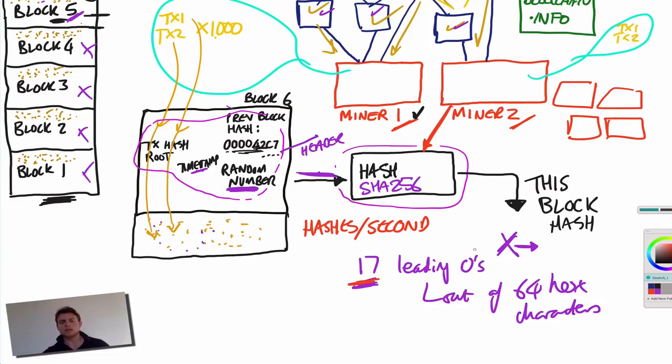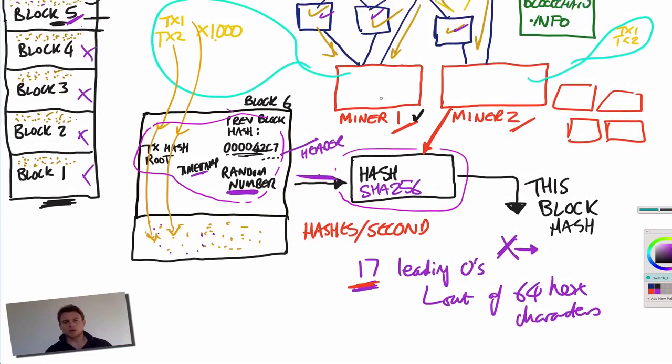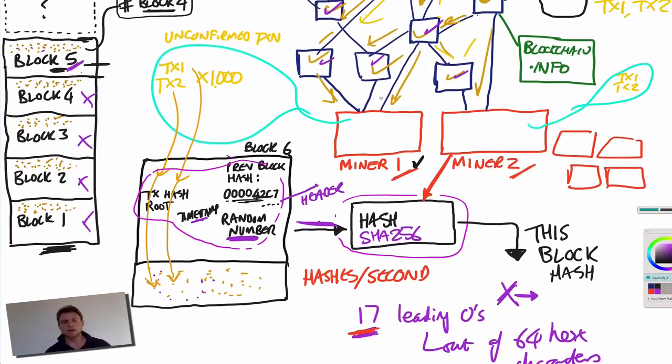They get 17 leading zeros in the hash, and as soon as they do that, they put their hand up and say, guys, stop what you're doing on this block. I've actually solved this latest block. I have a candidate. This miner will say, I have a candidate for block 6 right now, and here it is. At that point, they will take the document, essentially.